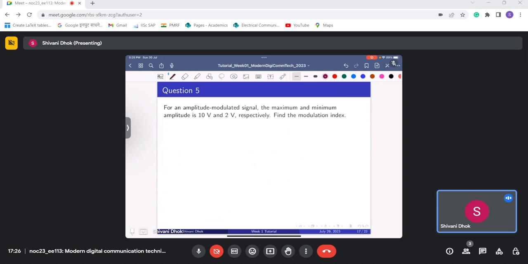So what actually happens is we have a message signal. Let's see, it is something like this. So this is my message signal, and we have a carrier which is high frequency. This is the carrier. So the amplitude modulated signal looks something like this.